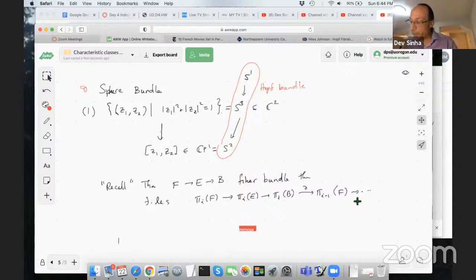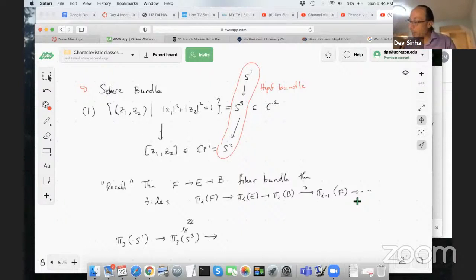Let's just go around. Pi 3 of the fiber, pi 3 of S3, is a standard thing to prove. My favorite proof is through differential topology, that it's the integers, and it's just sort of the degree n map. You could just suspend the z goes to z to the n map in the unit complex numbers.